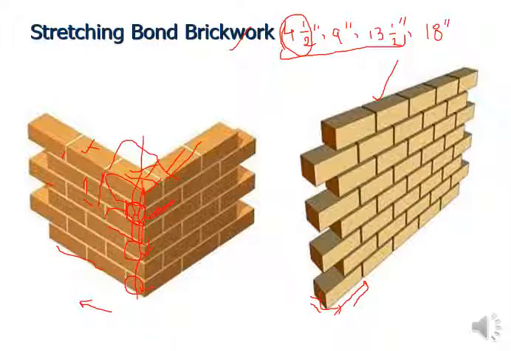But what about the other side? Here, the odd courses, the first course, get the 9 inch dimension at the corner, meaning a stretcher at the corner, and the even courses have the 4.5 inch dimension at the corner.